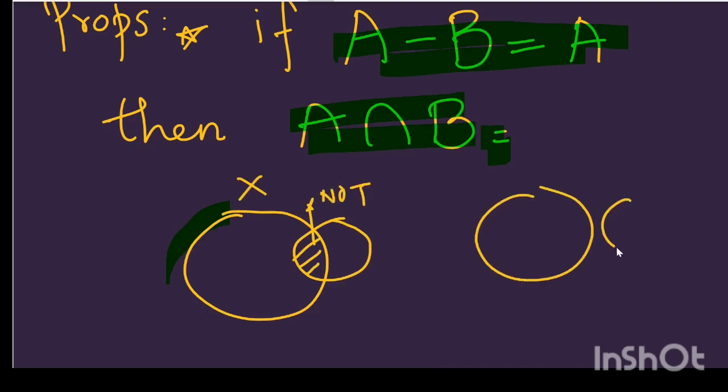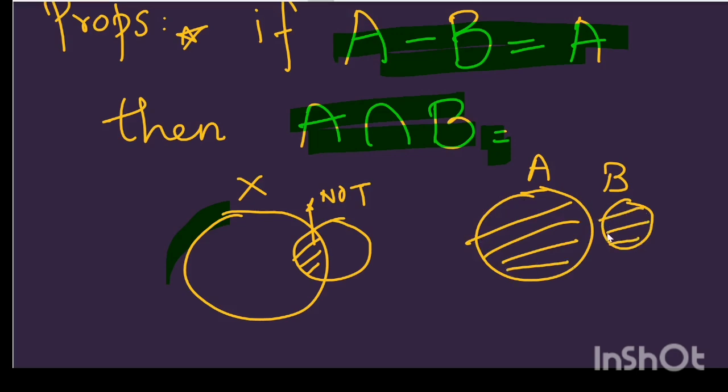It should be like this. A and B, so that A minus B, since there is no common region, is A only. Since there is no intersection, A intersection B is phi. This is the case when A and B are disjoint. In that case only, A minus B is equal to A. So A intersection B is phi.